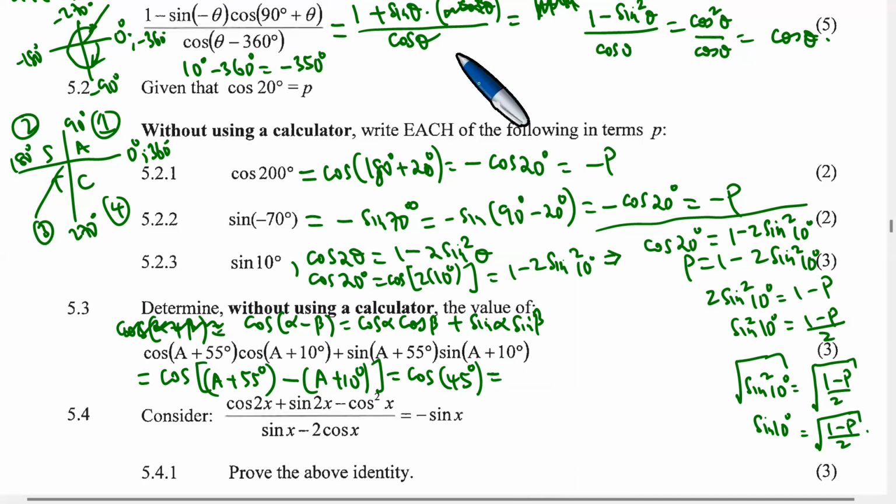Thank you so much, root 2 out of 2. Thanks, Lot and Paul. Root 2 out of 2. Right, so that is the answer. If you don't want to write root 2 out of 2, you can also write 1 over the square root of 2. Okay, they're the same thing.